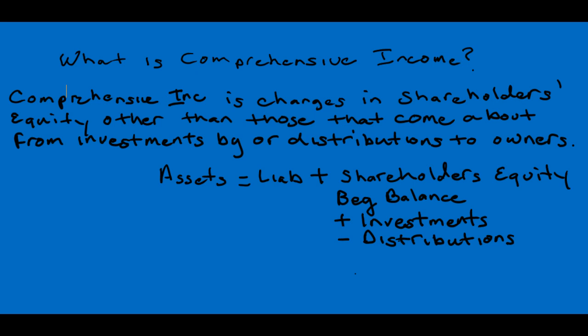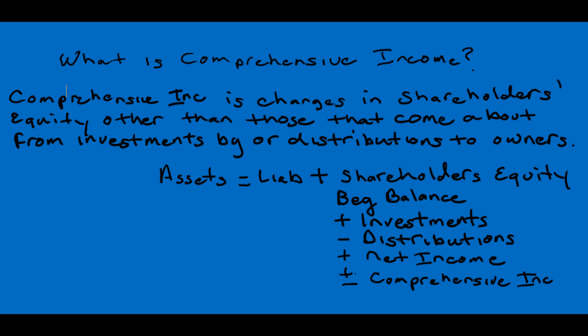How else does shareholders' equity change? Well, it goes up for net income, and net income doesn't come about from an investment by owners or distribution to them, so that would be part of comprehensive income. And it could also go up or down for other items of comprehensive income other than those that are traditionally associated with net income.